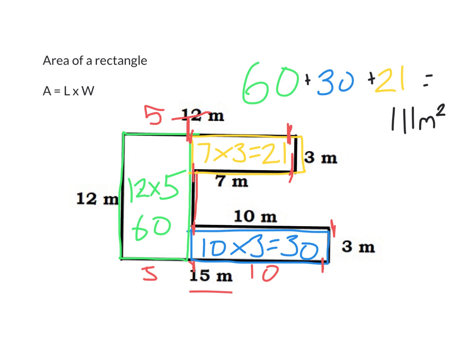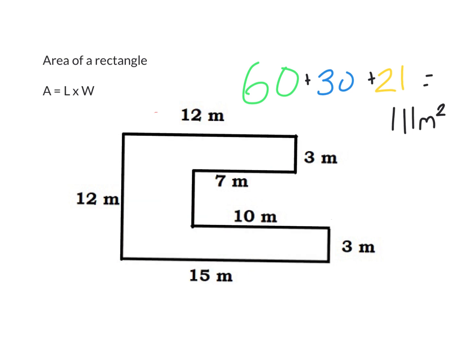So just to show you the other way, I'll leave my answer up there. Let me erase real quick. If I were to divide this the other way, I'll go blue here, green here, and yellow here. Yellow, I have 12 and 3.